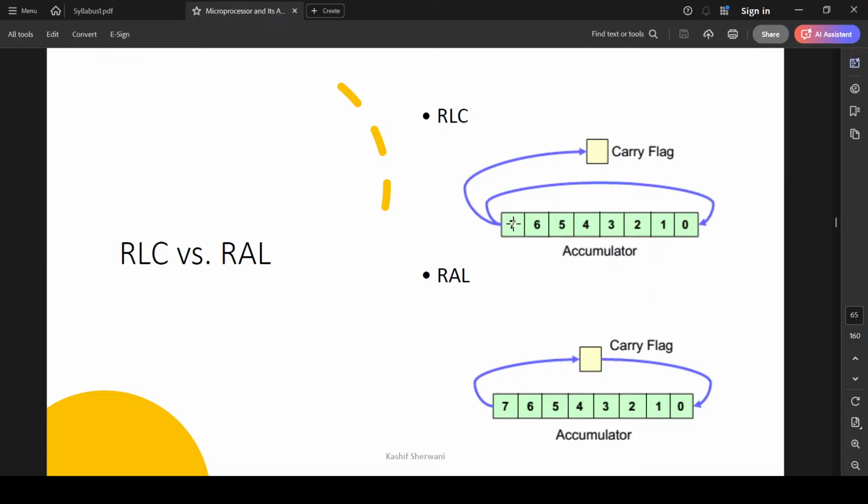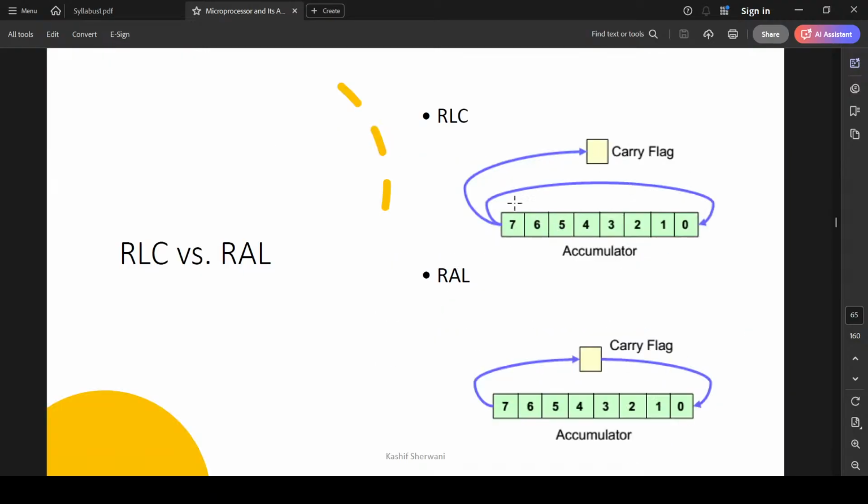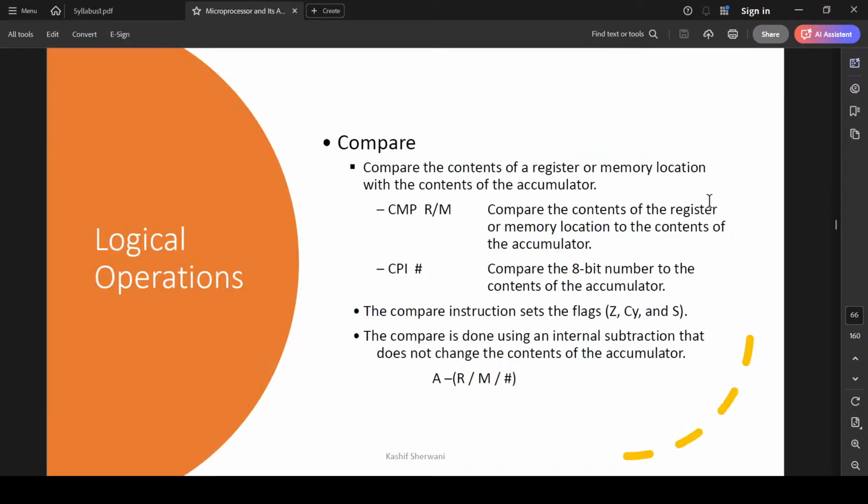It goes to both. And in RAL, bit 7 goes to the carry flag and the carry flag goes to bit 0. Similarly, RRC, the directions will be reversed and the arrows will be interchanged.